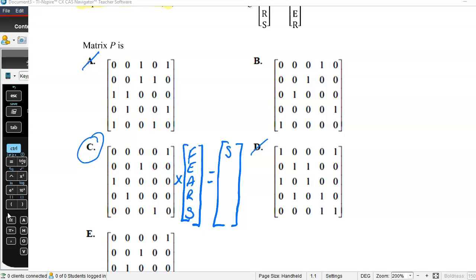Here we've got 0 times F plus 0 times E plus 1 times A, and the other two are 0. This third row, it's only 1 times F, all the rest is 0. So F. Here I've got that 1 turning that E on.